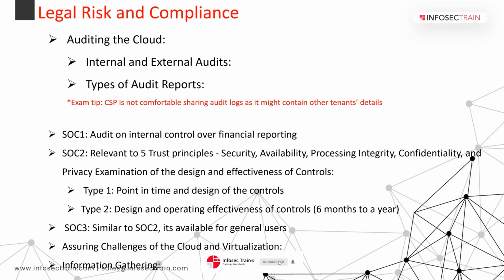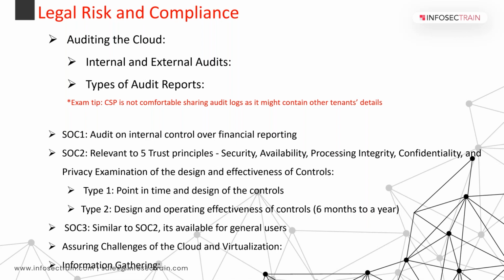Normally, this is a report which, as a cloud customer, you should ask of a cloud service provider. But in 99% of cases, the cloud service provider is reluctant to share this data. For that purpose, normally the third type of report, which is always published on their website, is the SOC 3 report.